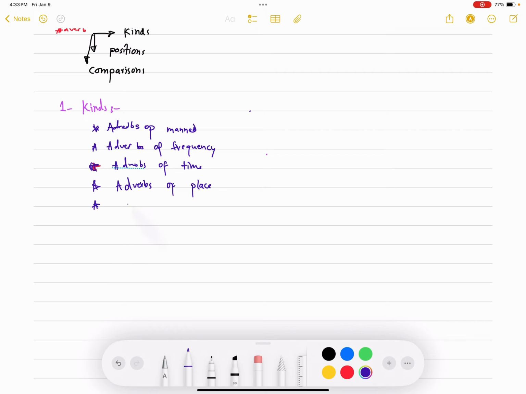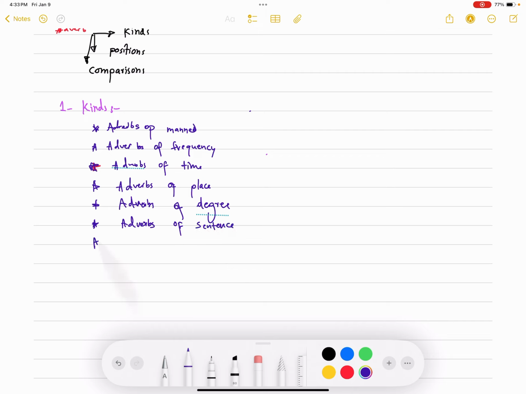The next one, adverbs of degree. What is it? Degree. These are adverbs that describe an adjective or another adverb. Then I write adverbs of sentence.